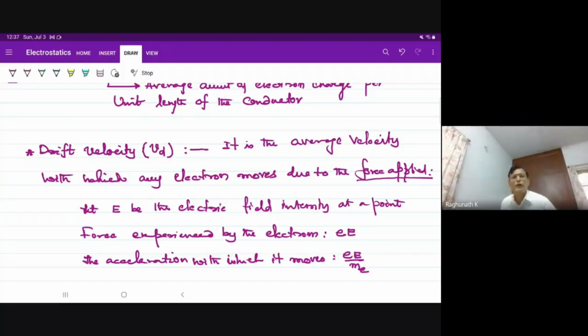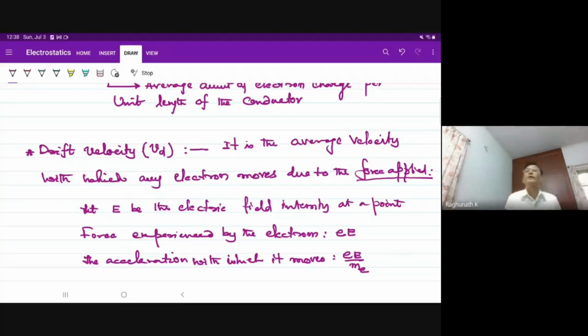In fact, it is basically called the effective mass of the electron because it's a different region with which it moves. You know that F is equal to ma, because of which acceleration is eE by m. Any doubt till then? Listen carefully now.